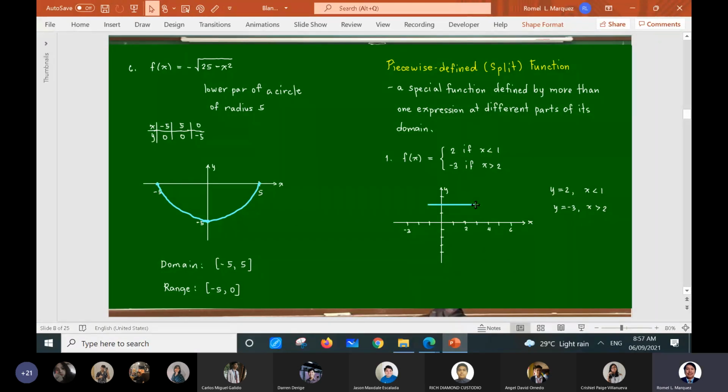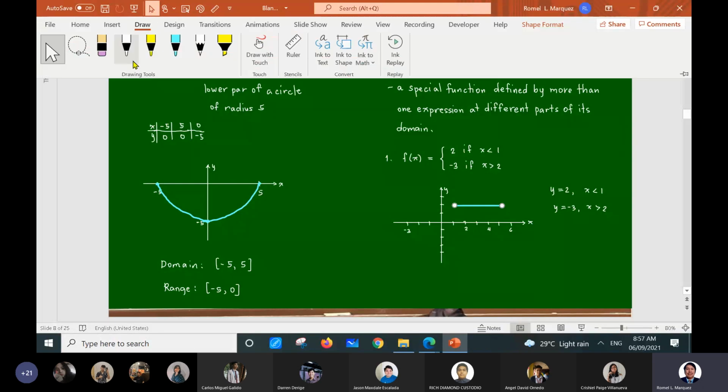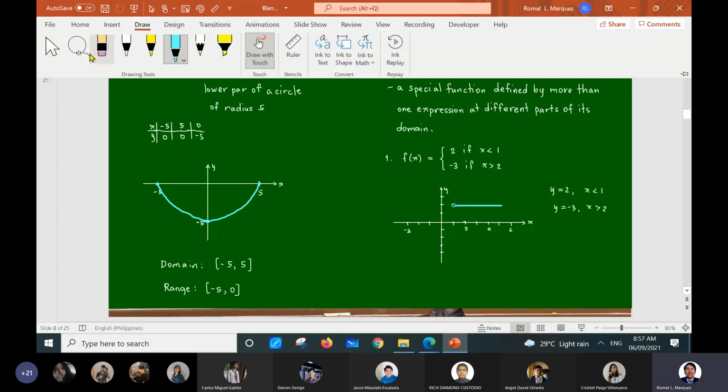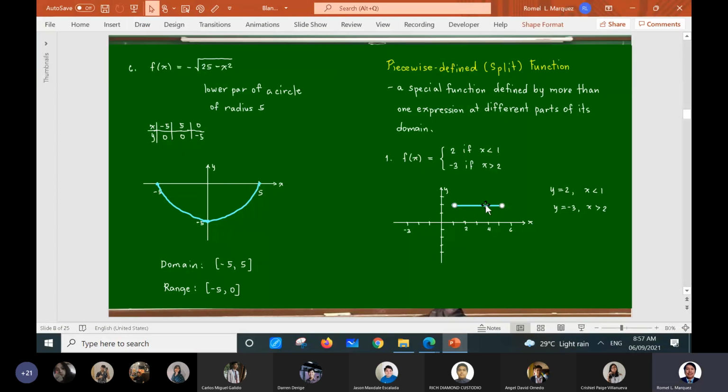We start with x greater than 1, no? So meaning, there is a hole when x is 1. Am I correct, children? Do you distinguish the hole, guys? Yes, sir. Because 1 is not included, sir. Because it's less than. Yes, very good.